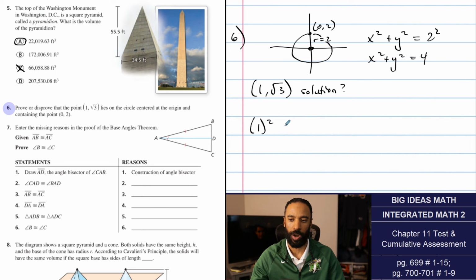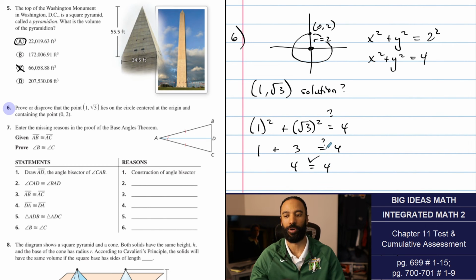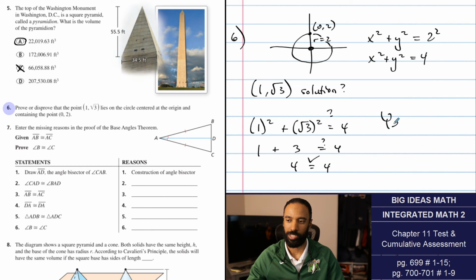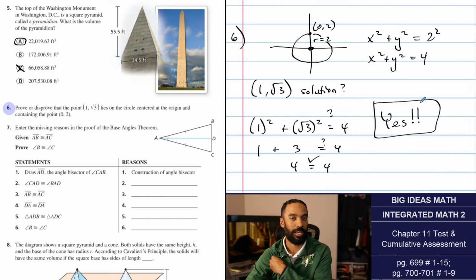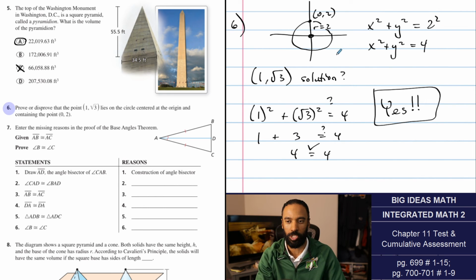Does 1 squared plus √3 squared equal 4? 1 plus 3 is 4. 4 equals 4? Yes, it is true. Oh, they said prove. Oh, yeah, proved. I thought they said prove that it was going to be true. So, there it is. It works out.